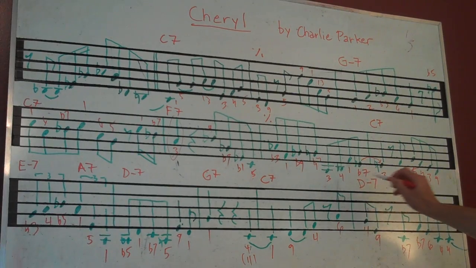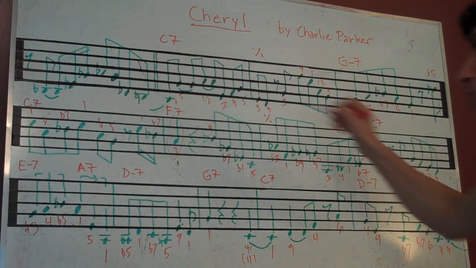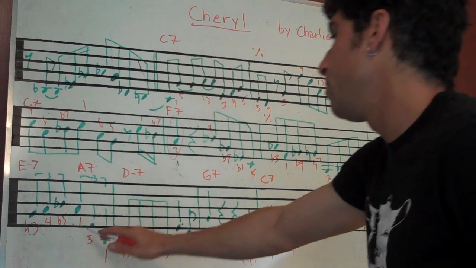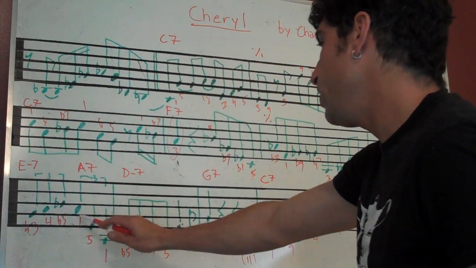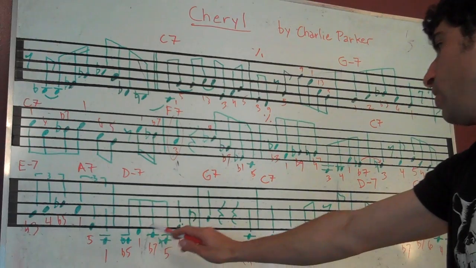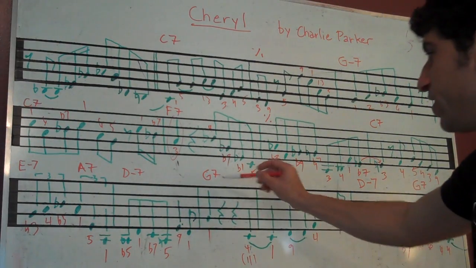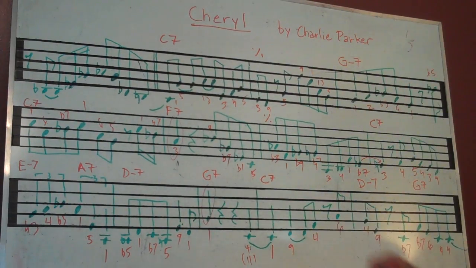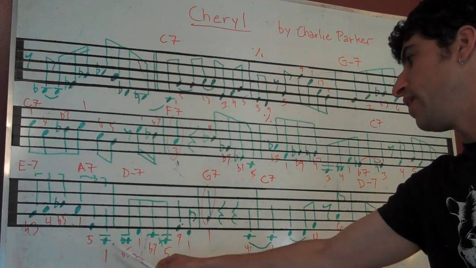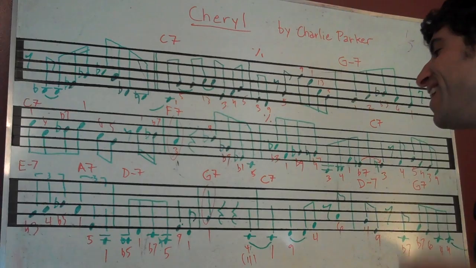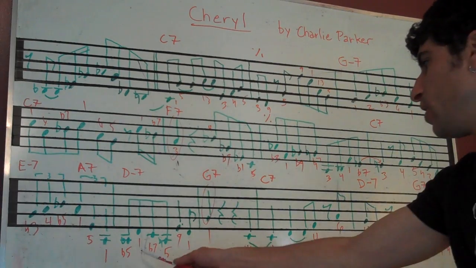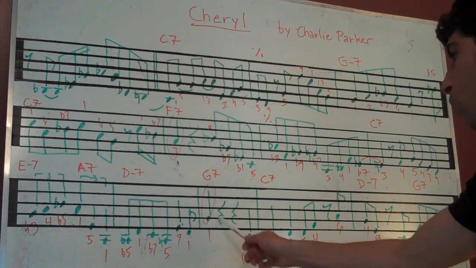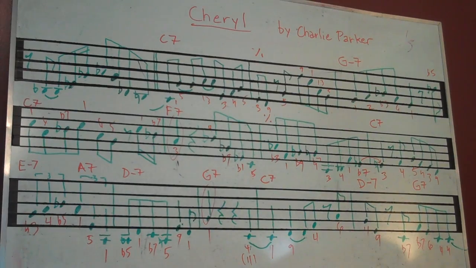And again, flat 9, C7, so he's going for this 1 again on the 1 and 2 and 1 E, 1 and 2 and 2 and 3 and 1. And then look at this.